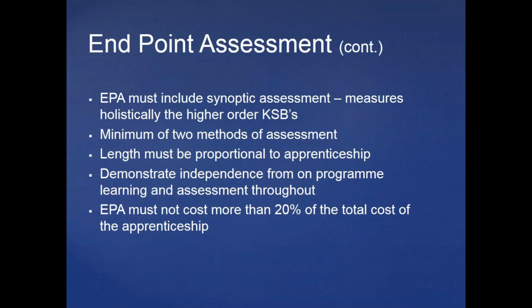Those people cannot be involved in the endpoint assessment. It has to be an independent process from the on-programme assessment. So all of those factors and features have to be written into the endpoint assessment plan.